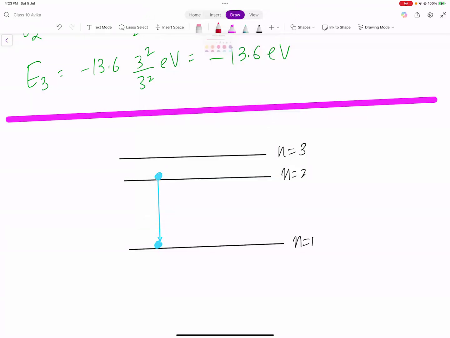Let's use red. Instead of this straight line, I think I should use this. I should have given curves also, but anyway.